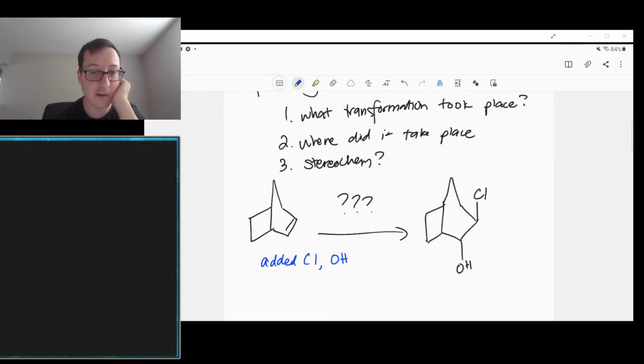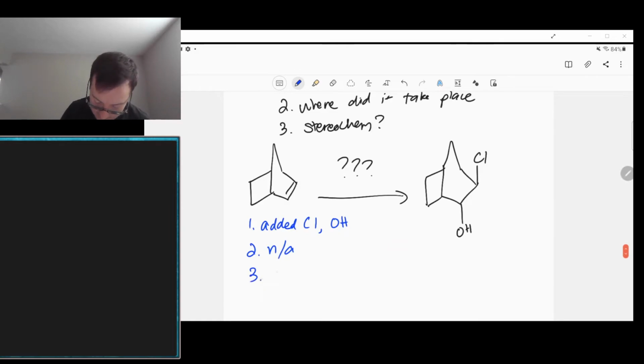Number two doesn't really matter because we have symmetry here. Our starting material has no Markovnikov or anti-Markovnikov position, although we would have that with this particular reaction in other cases. And then the stereochemistry we see is anti, right? We see that this is an anti process.